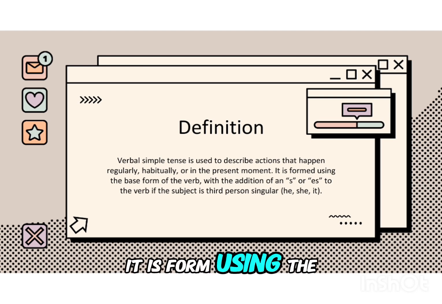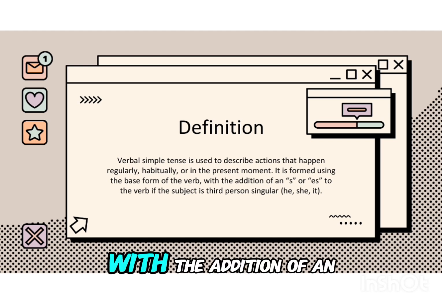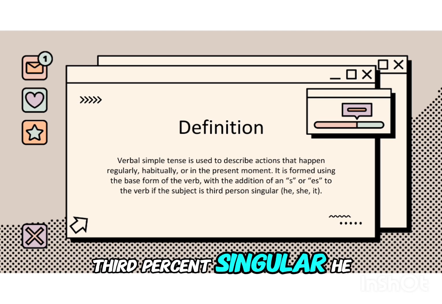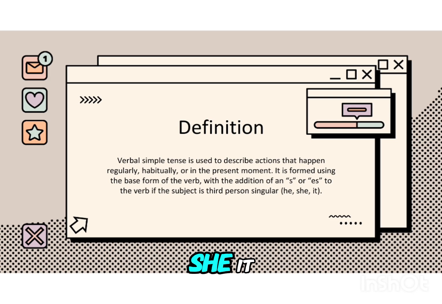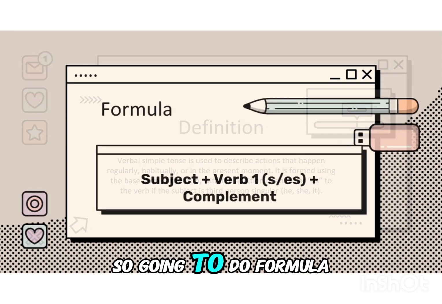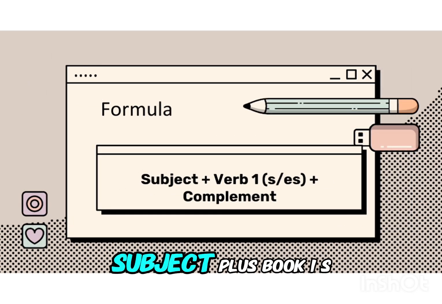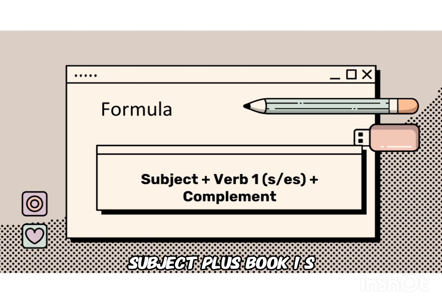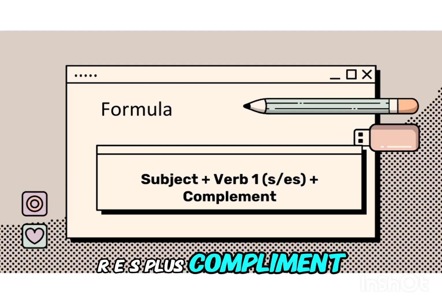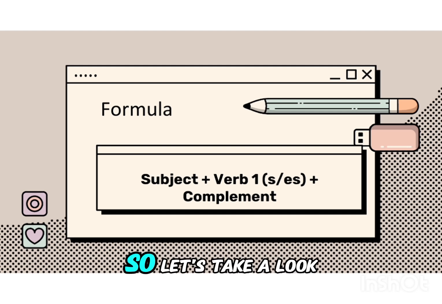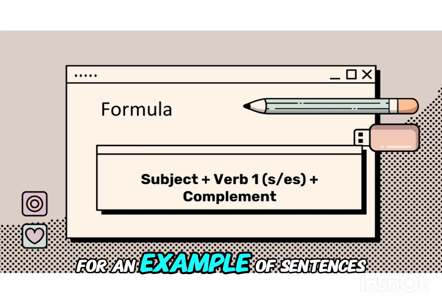It is formed using the base form of the verb with the addition of s or es to the verb if the subject is the third person singular: he, she, it. So let's go on to the formula. Subject plus verb 1 s or es plus complement. So let's take a look at the example sentences.